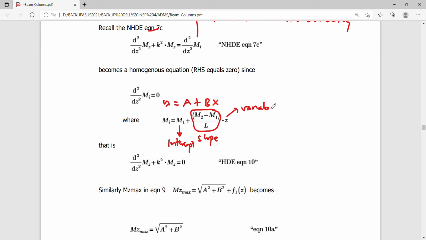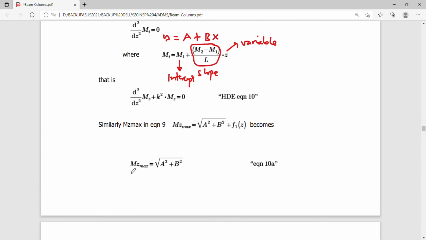In this case, our variable is no longer x, it is a. So if we differentiate now Mi on this basis, we can get this equation such that the equation is now a homogeneous differential equation, very easy to handle.